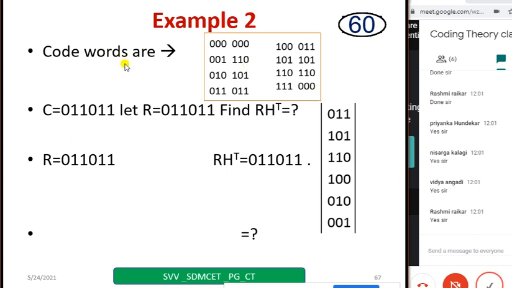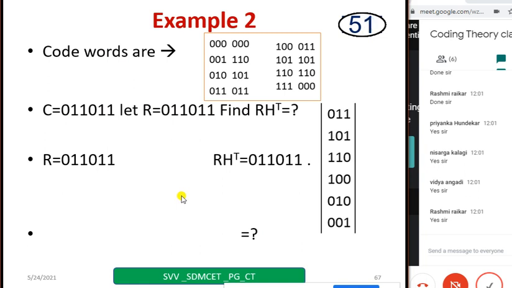Code words we have already done. Take one code word 011011, received as it is, 011011. Find the RH transpose and write the answer in the chat box. Simply do the RH transpose. A 3-bit answer you will get.